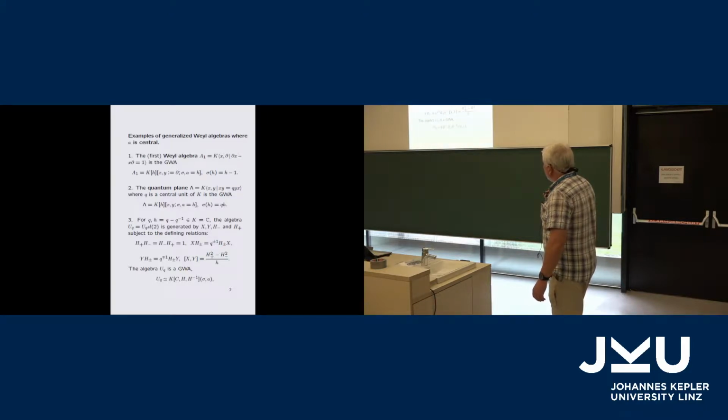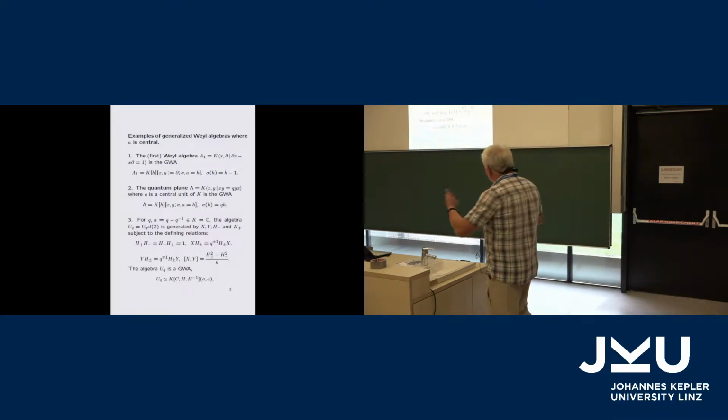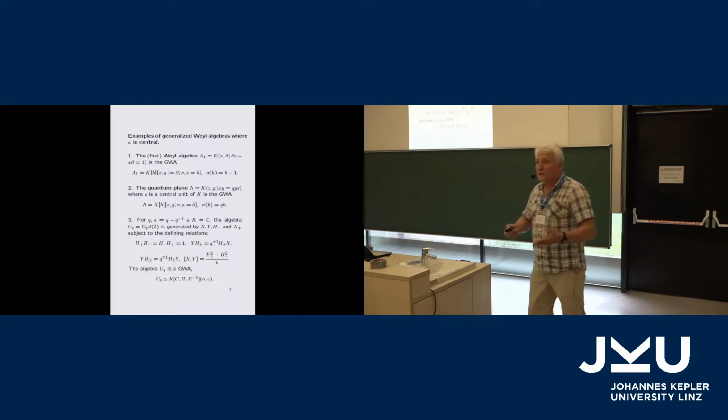Now the quantum plane is generated by x, y, and this relation. What do we have to do if you want to represent it as a generalized Weyl algebra? The ring is the same, the element is the same, and instead of the shift, we take multiplication by q as the automorphism. So from this point of view, the quantum plane and the Weyl algebra are simply the same object.